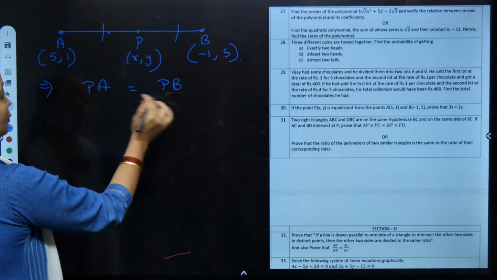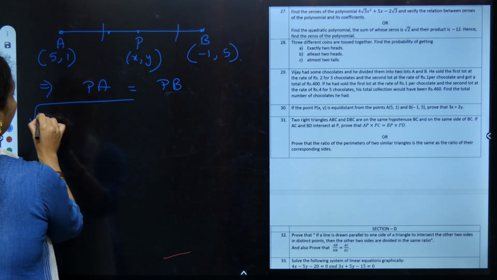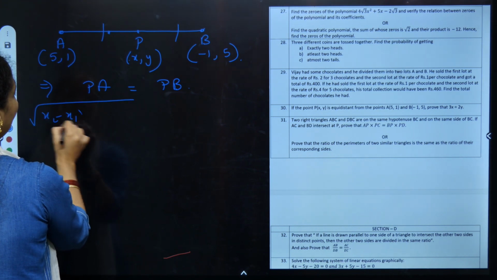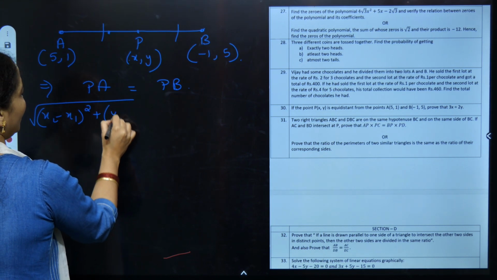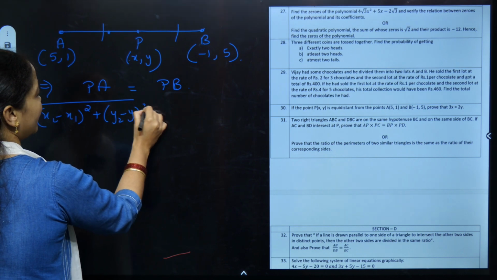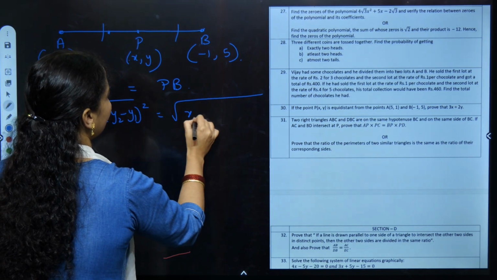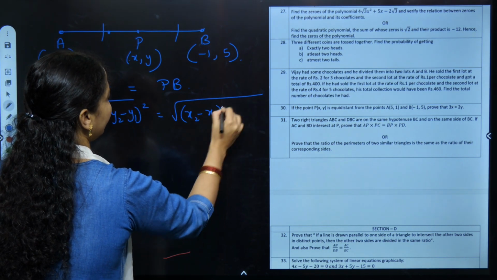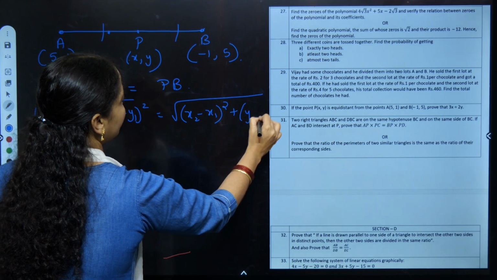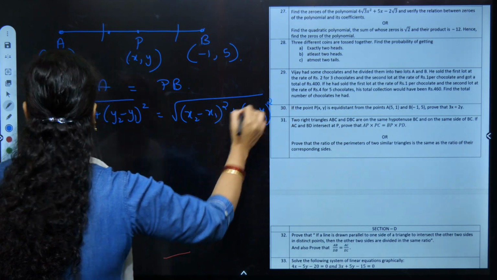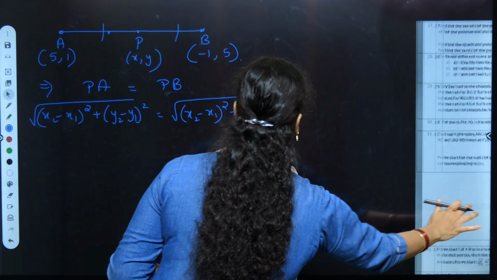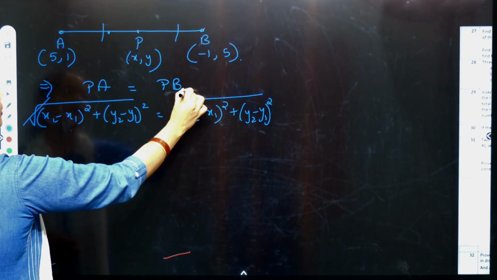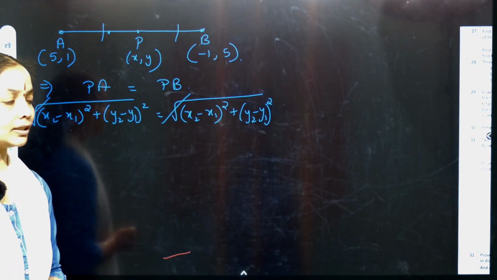When PA is equal to PB, obviously the distance formula, root of (x2 minus x1) the whole square plus (y2 minus y1) the whole square, will be equal to the root of (x2 minus x1) the whole square plus (y2 minus y1) the whole square. As we all know, with roots on both sides, I can cancel the roots.